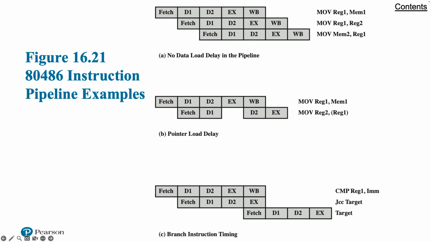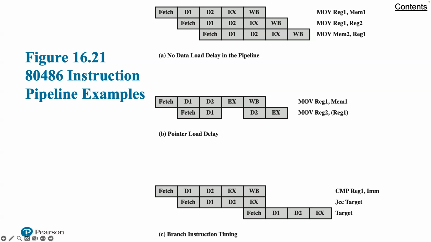However, the next instruction needs this register in the D2 stage. When the D2 stage lines up with the WB stage of the previous instruction, bypass signals allow the D2 stage to have access to the same data being used by the WB stage for writing, saving 1 pipeline stage.